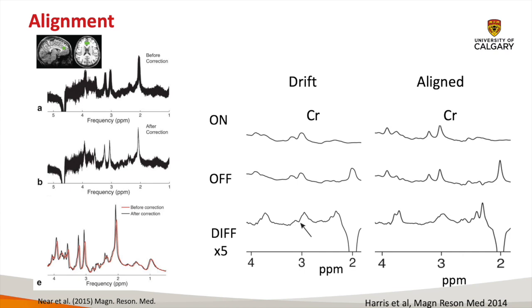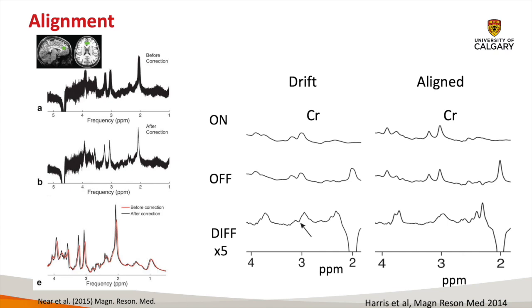But after we apply frequency correction, that NAA peak and the other peaks are nice and aligned and nice and narrow. And then in the bottom, you can see that after correction, our NAA peak is much narrower, it's much higher, and so we have much more confidence in that measurement.